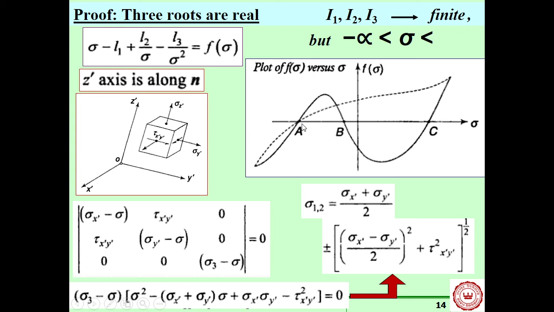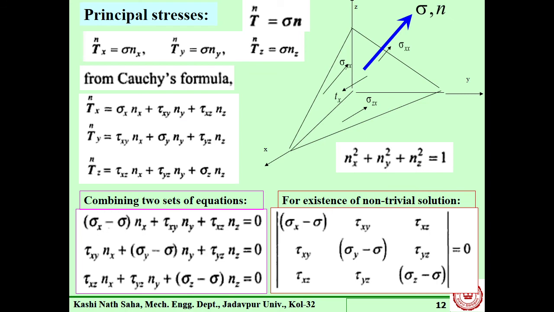If this is a known value, then what we can do here, this particular quantity, or what is shown here, is that for this particular value of sigma, we know this sigma value is a principal stress value, and for that we can evaluate n1, n2 and n3, right?